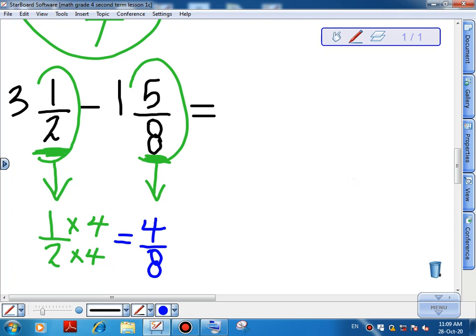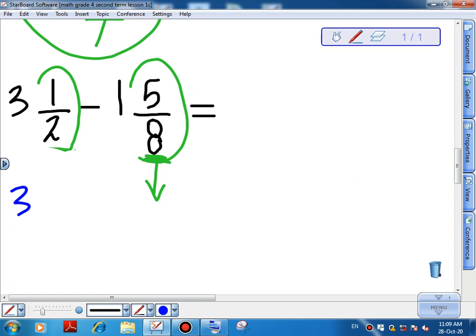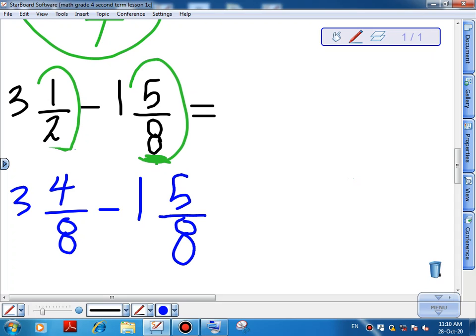Now we have 1/2 that will be equal to another form, 4/8. Another form for 1/2, 4/8. If we add this, we write 3 and 4/8 minus 1 and 5/8. Now we have different whole numbers but the same denominator in the fractions.